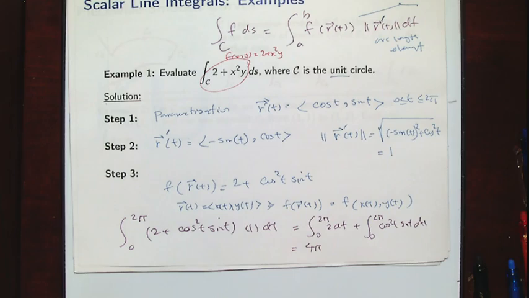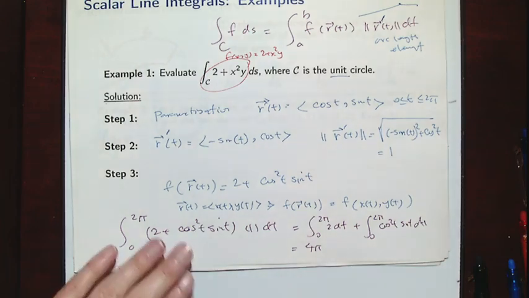Because sine of t is an odd function, right? All the values that I take above the circle as I'm going around, I get the negative of that below the circle, because sine is an odd function. So they actually cancel out.